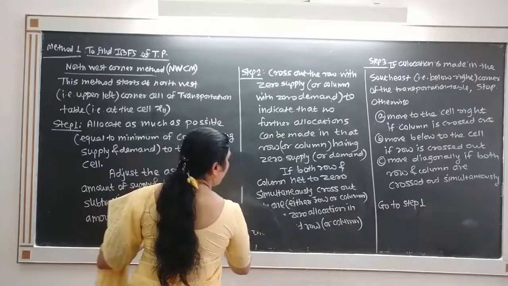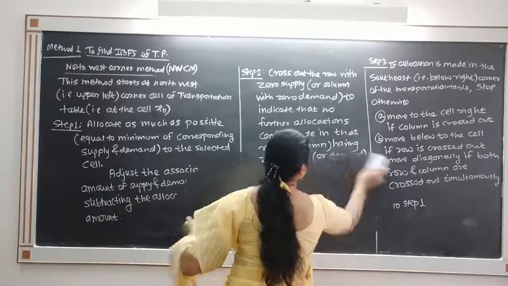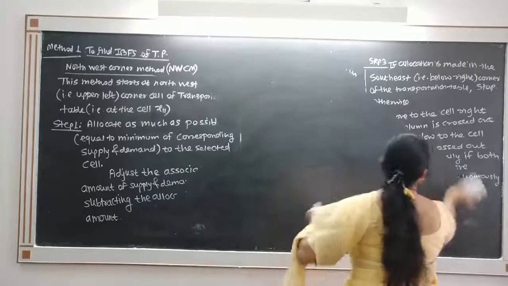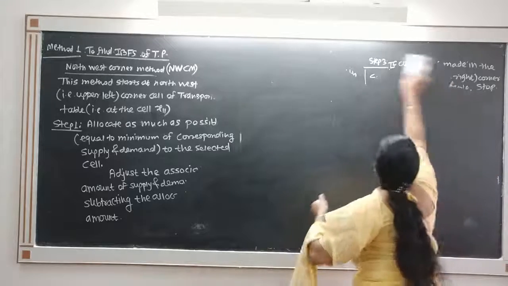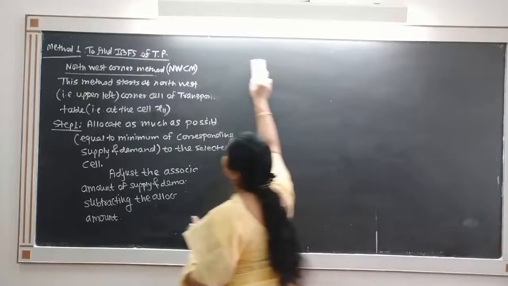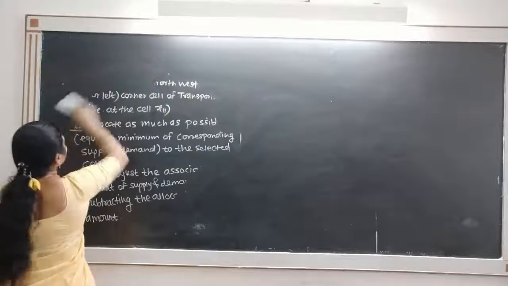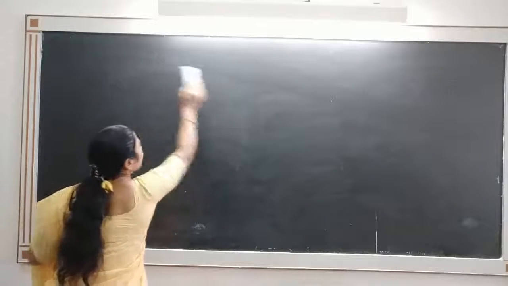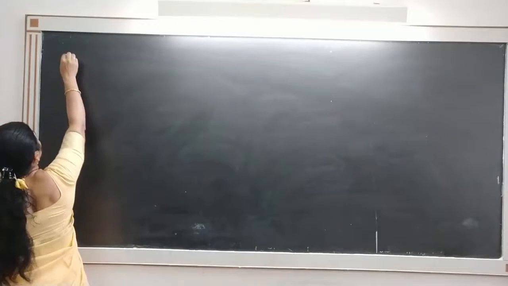Now we consider an example to get this idea clear. Solve the following TP to find the IBFS by northwest corner method.